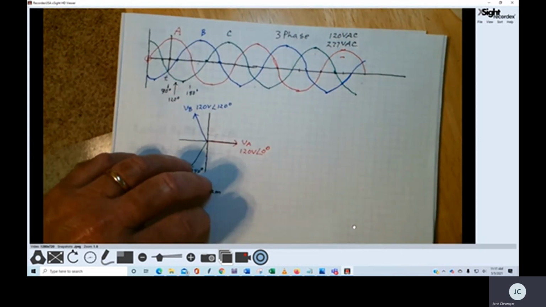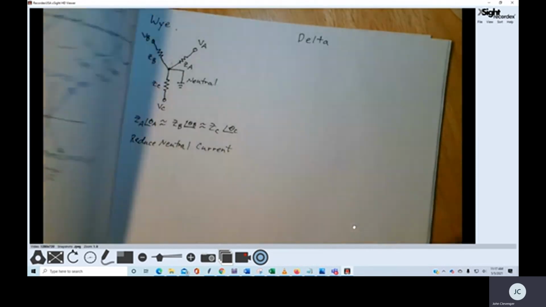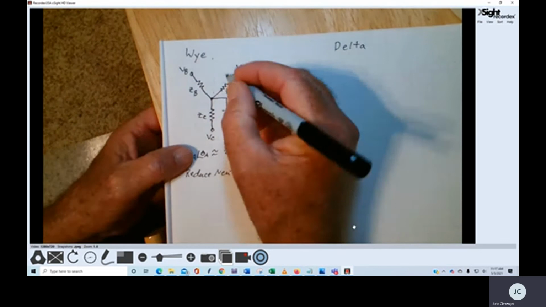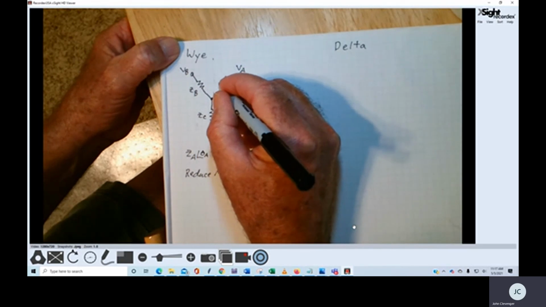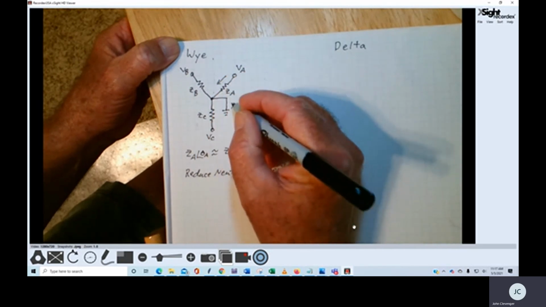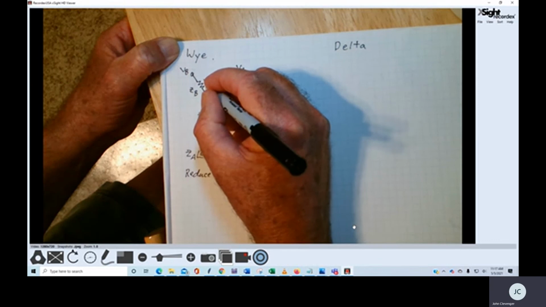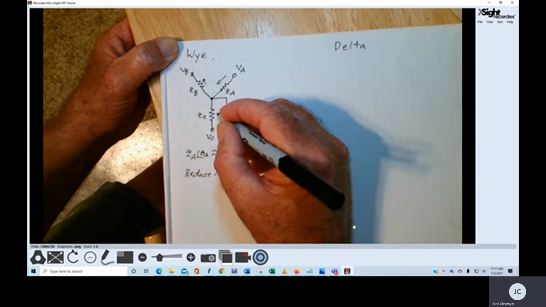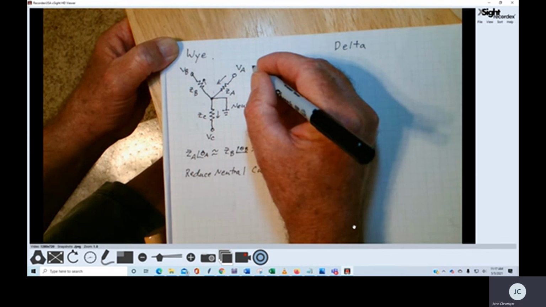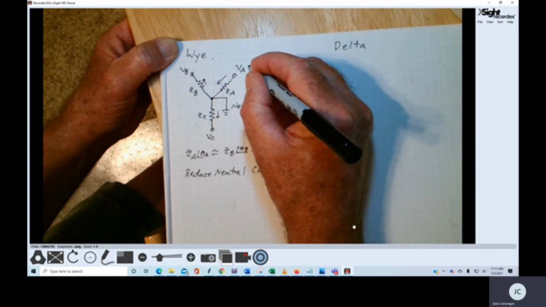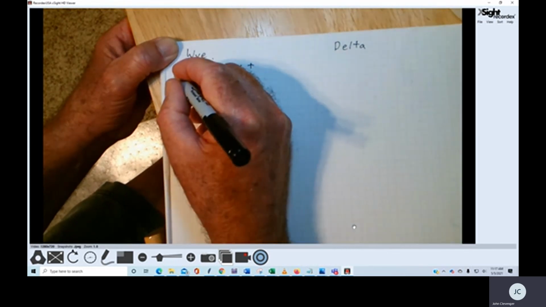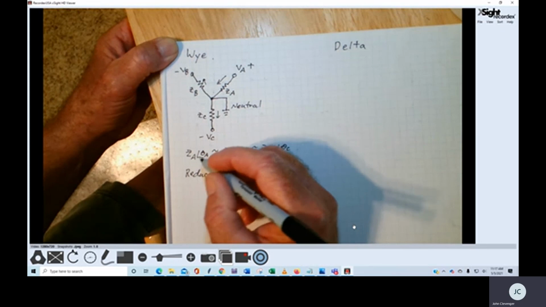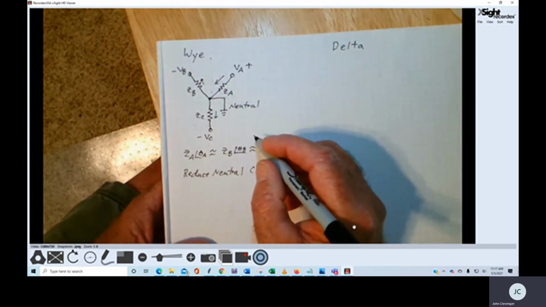So what would be happening with our Y system is that at that particular point in time, we'd have a lot of current flowing this way. We'd have a smaller amount of current flowing this way and a smaller amount of current flowing this way because VA was at its positive peak. VB and VC were at some negative value, less than peak.